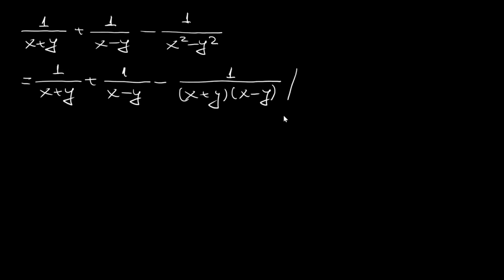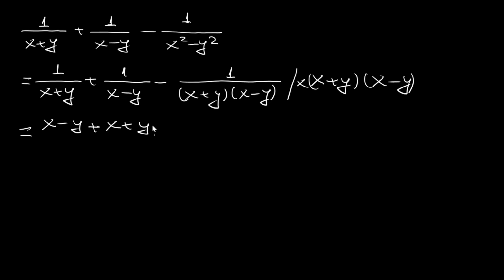Now we need to find the lowest common denominator. And it's quite obvious, it's x plus y times x minus y. So let's write it down. Everything has to be multiplied by x plus y times x minus y. And what do we get? Well, we get x minus y times 1, and then plus x plus y again times 1. But I'm not going to write it down.